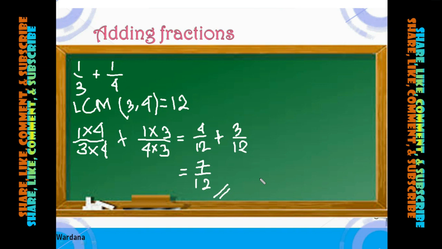Do you understand? So, if you want to find the answer of the addition problem of the fraction that involving unlike fraction, you have to try change the fraction into like fraction by finding their LCM first and then change the denominator become the value of their LCM.